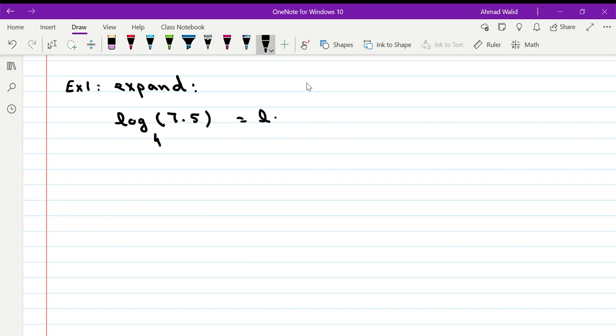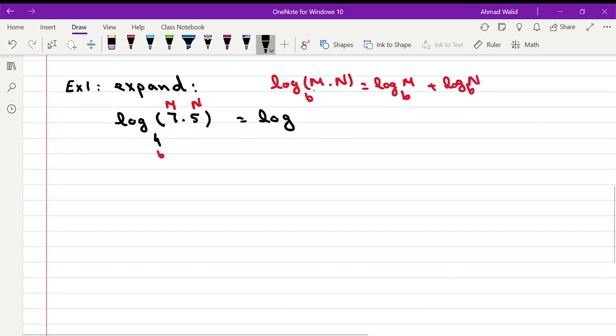Then I can write, you see actually 7 is your M, 5 is your N, and 4 is your B. And you have your formula that log of M times N base B equals log of M base B plus log of N base B. Then I'll just apply the rule. I can write log of 7 base 4 plus log of 5 base 4, my final answer.